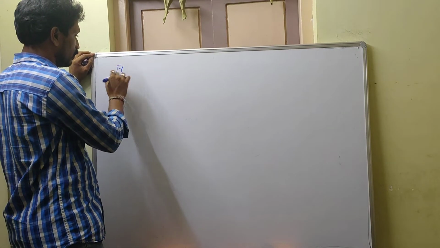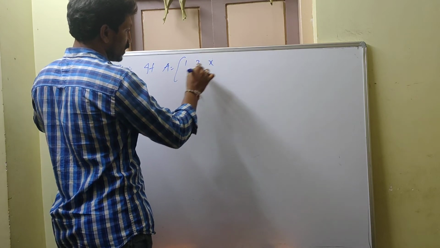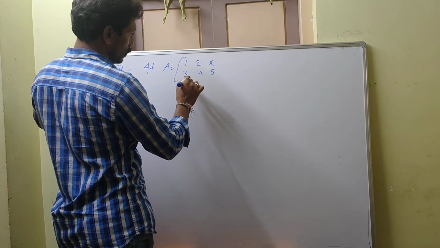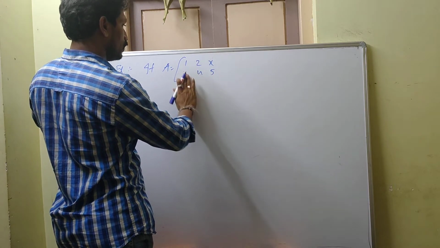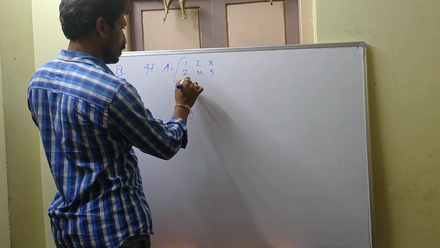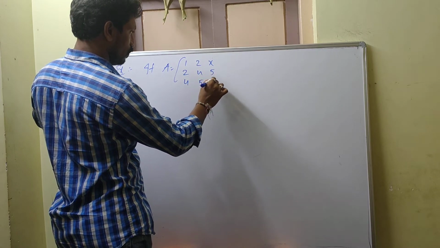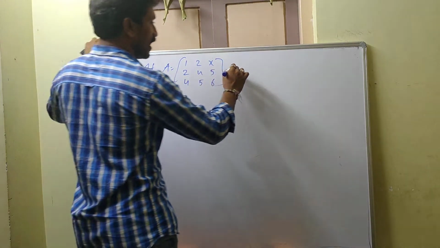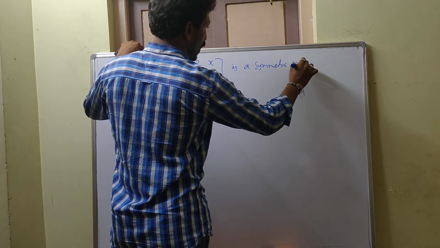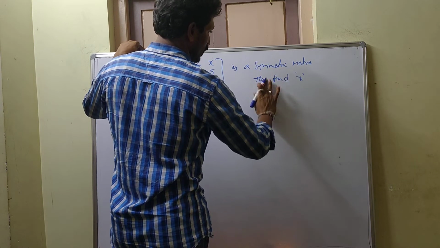Next example. If A is equal to the matrix with rows 1, 2, x; 2, 4, 5; 4, 5, 6, and it is a symmetric matrix, then find x.